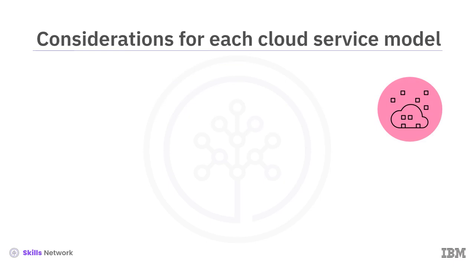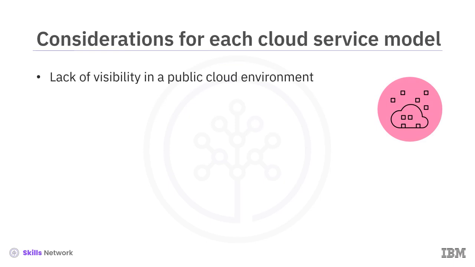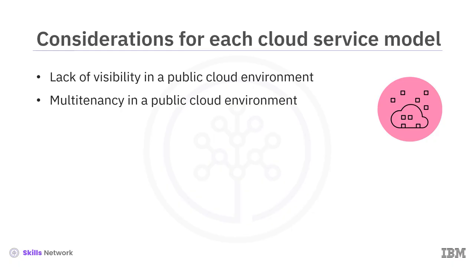Identifying the right cloud security solution requires various considerations. Let's discuss them. First is lack of visibility in a public cloud environment. It is difficult to keep track of who is accessing your data and which cloud service they are using outside your organization. Second is multi-tenancy in a public cloud environment. Multiple client infrastructures might be hosted by the same cloud computing provider. Your services might get compromised by malicious attackers when targeting other businesses.